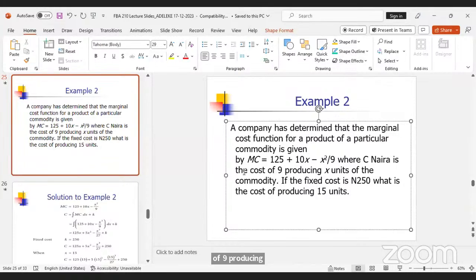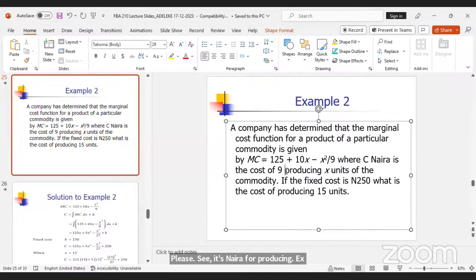The marginal cost is 125 plus 10x minus x squared all over 9. Yes, sir. Where C is in naira. This C is in naira for producing x units.